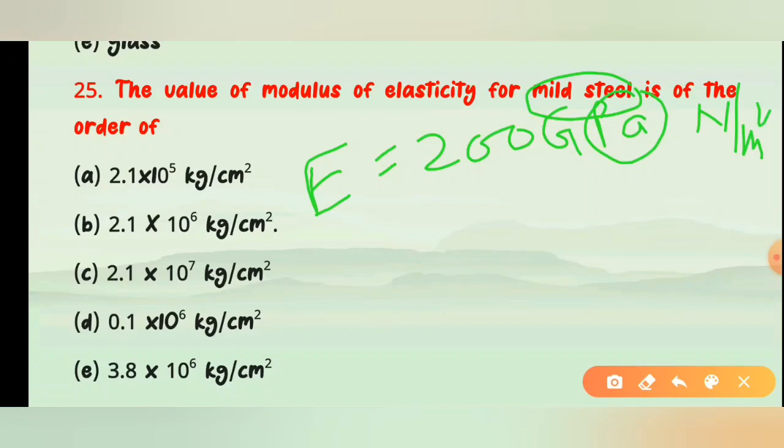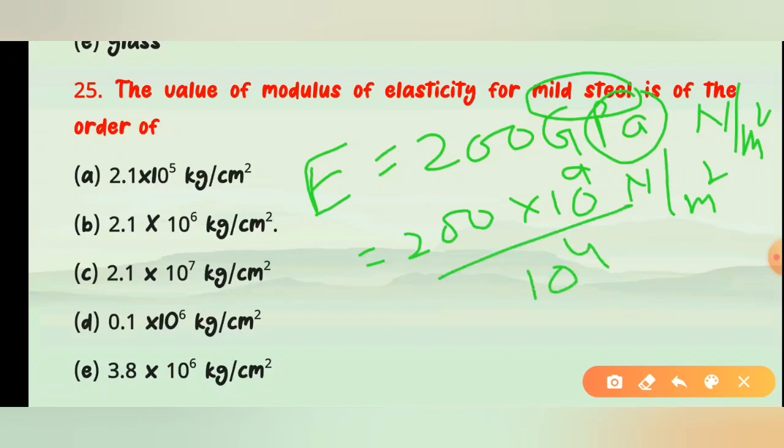So 200 G, meaning giga, equals 200 into 10 to the power 9 Newton per meter square. Here cm square is given, so converting meter square to cm square, 1 meter square equals 10 to the power 4 cm square. So by dividing by 10 to the power 4, this will become 10 to the 5.